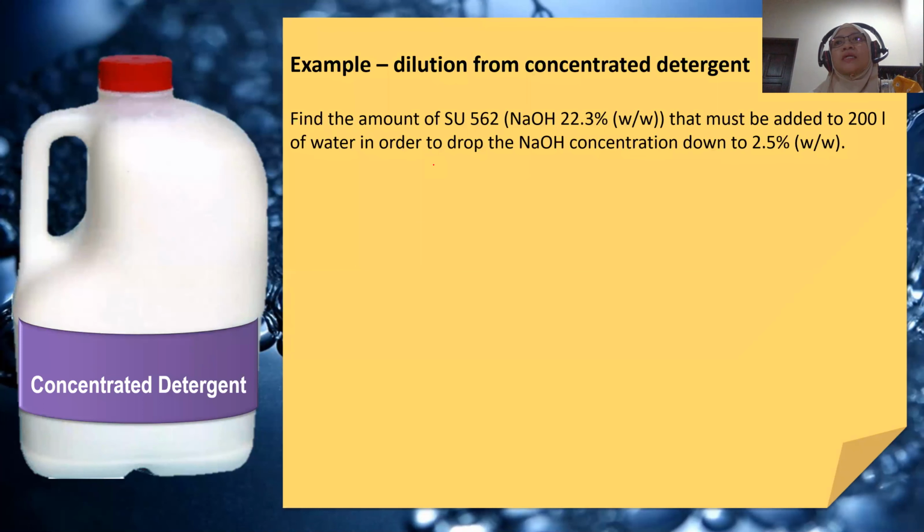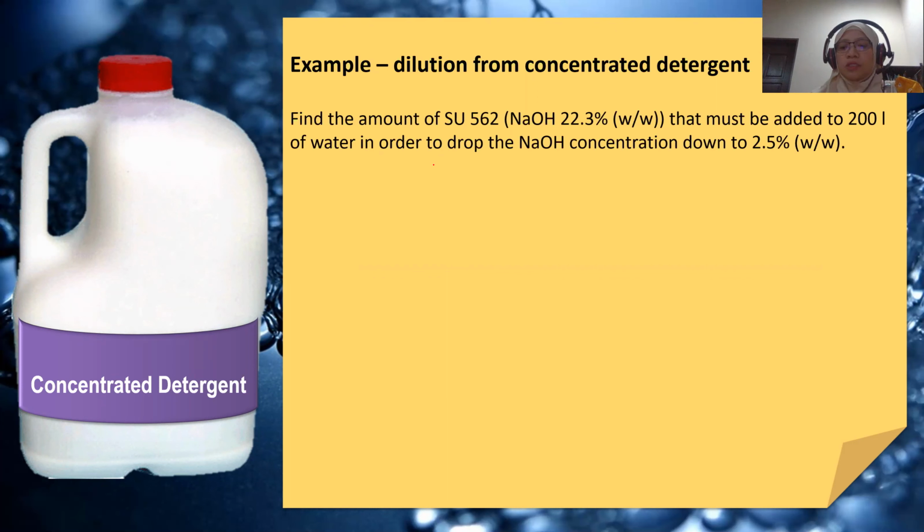In this example, dilution from concentrated detergent, the question asks you to find the amount of SU562, which is the name of the detergent just now, containing sodium hydroxide at 22.3 weight percent, that must be added to 100 liter of water in order to drop the sodium hydroxide concentration down to 2.5 weight percent.